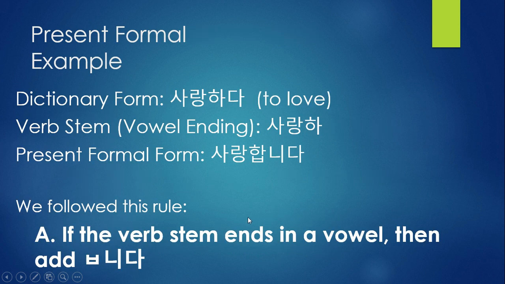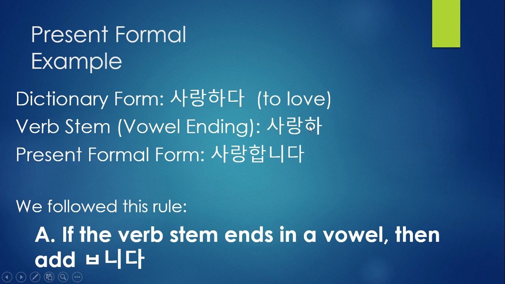Example. Okay, let's say our dictionary form verb is saranghada. Saranghada is to love. We get the verb stem. That's step number one, verb stem. We remove the da, and it becomes sarangha. Check the ending. Ha is a vowel ending.